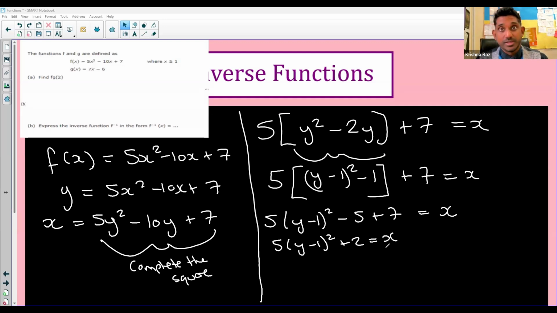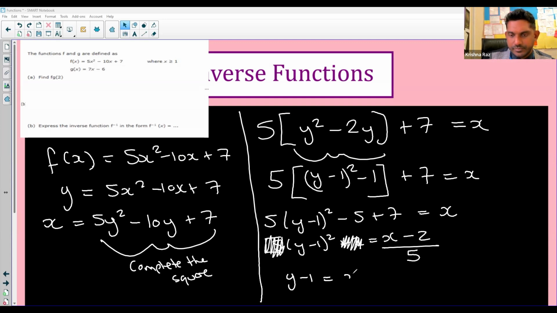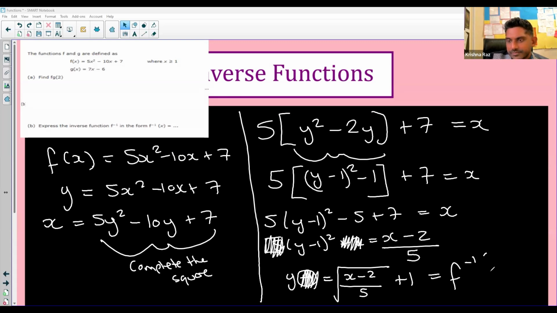So now I can make y the subject. We're going to minus 2. We have to divide by 5. We can square root. And then we add the 1. And that is the inverse.